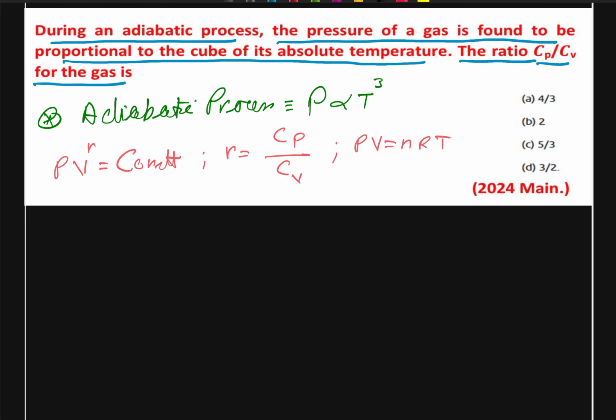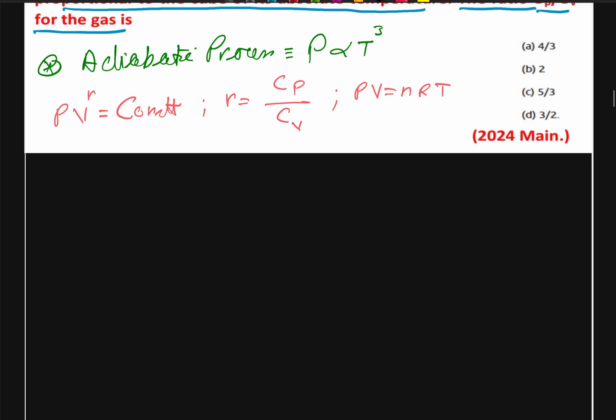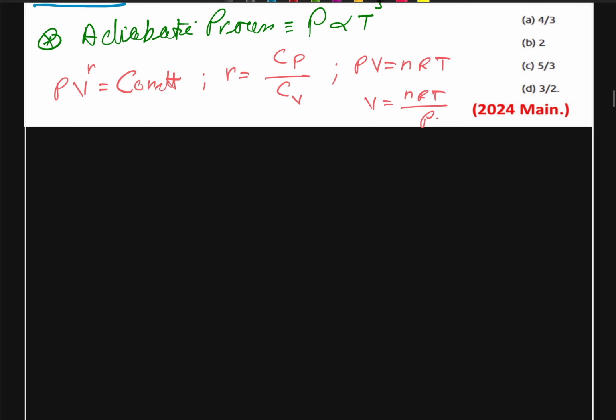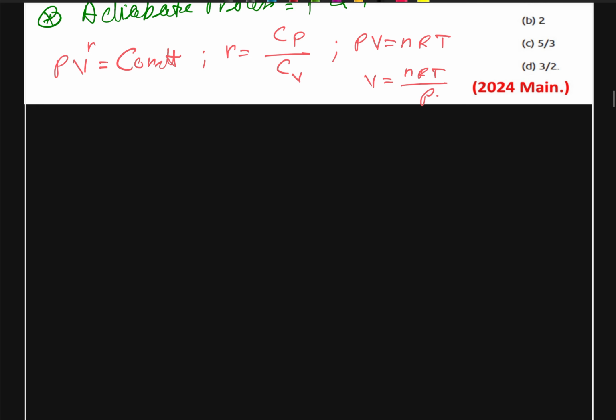So from here we can write that the volume will be equal to nRT divided by P. Therefore, we can say that P, substituting the volume, (nRT divided by P) whole raised to power gamma, is equal to constant.